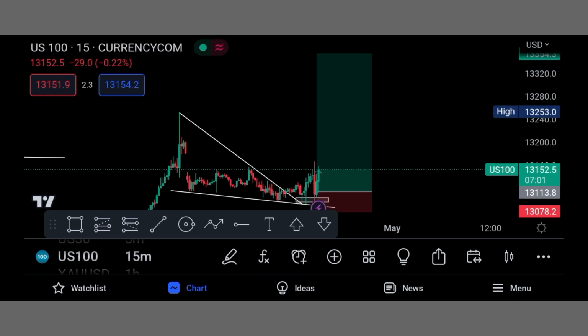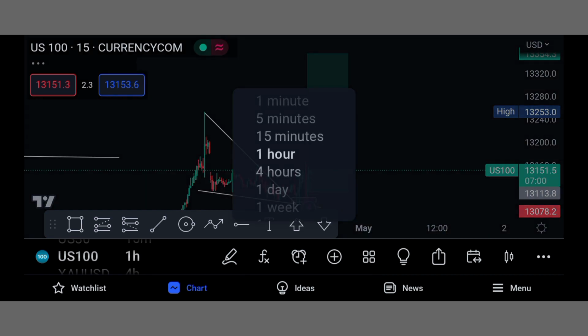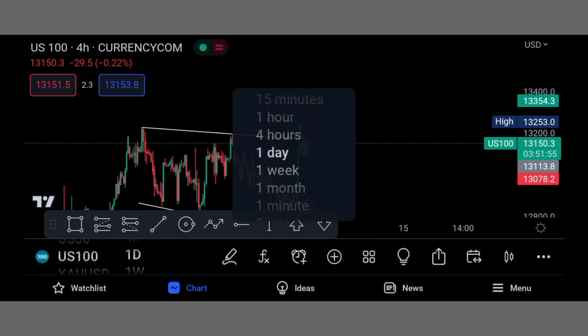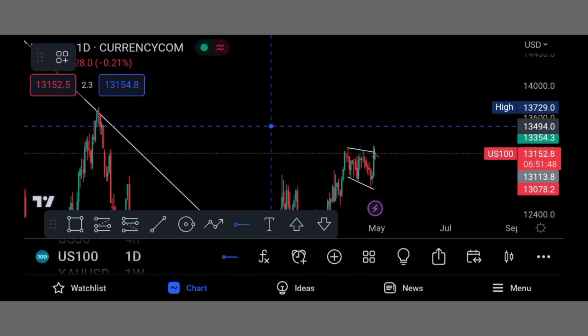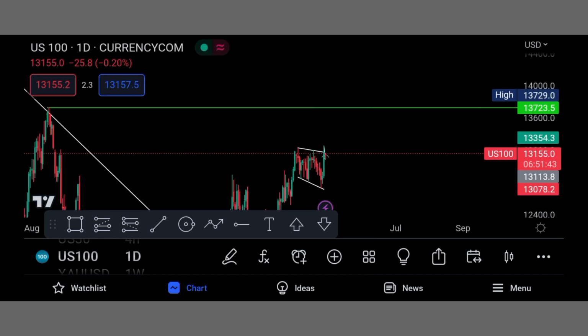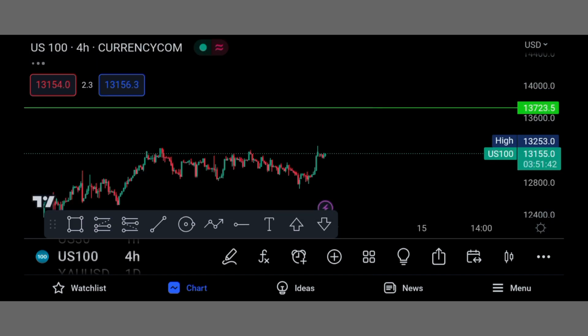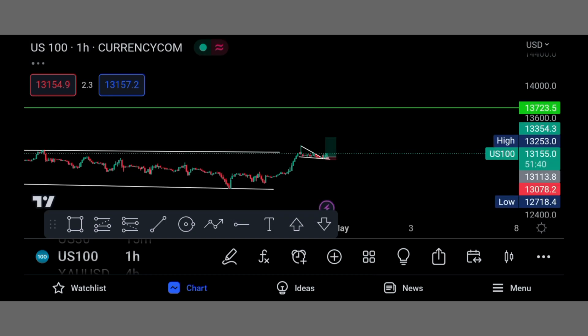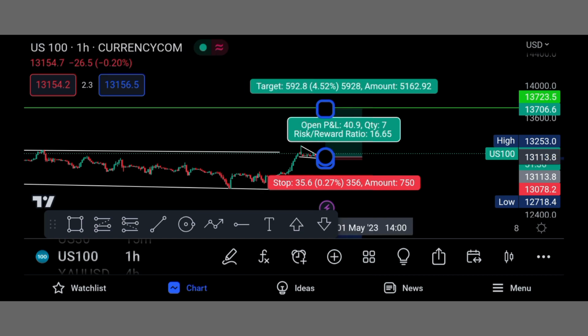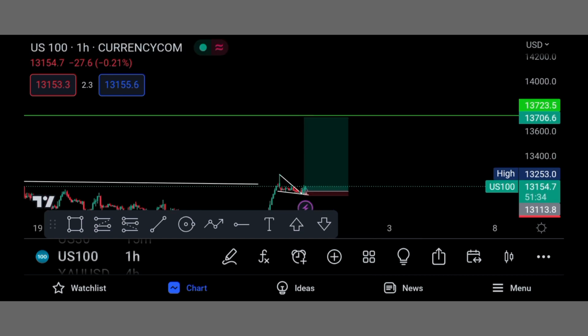But for now we'll just go to the H4, or the daily time frame. Okay, so we take that there, and then when we dive lower, you can see that our target is to come all the way up here, which is 1:16.